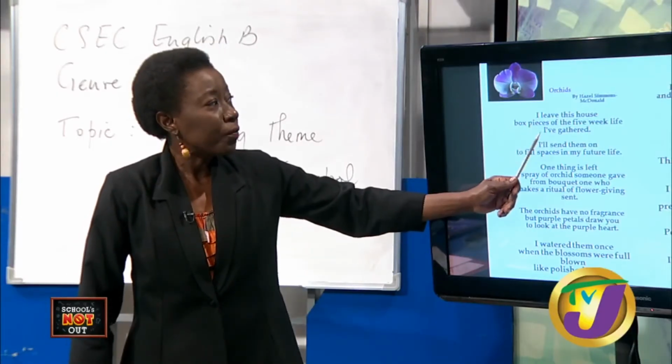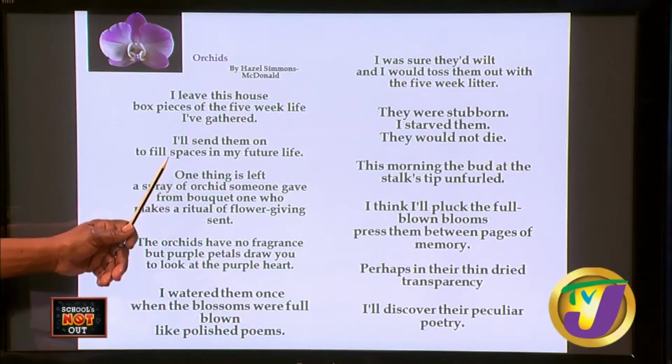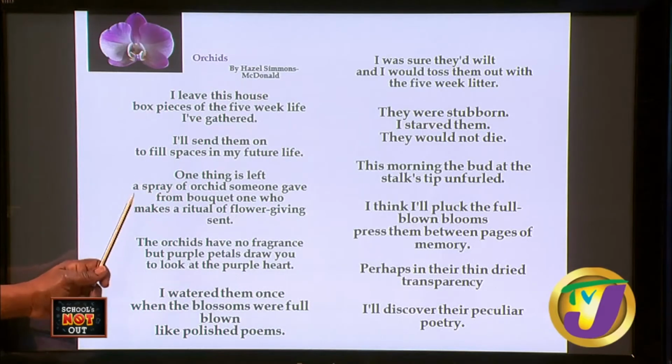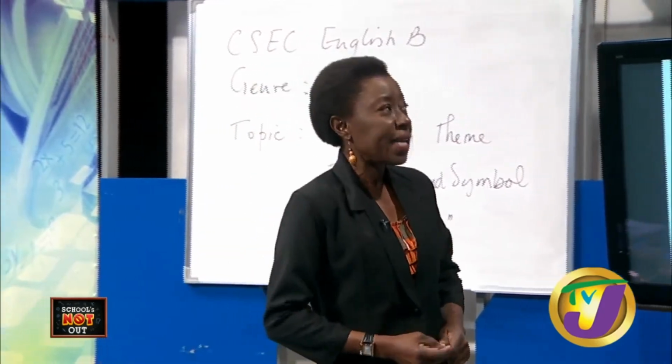And most of the time, by the time the person started talking about moving on, the person had reached the orchid. And most of the time, the person is engrossed in talking about the effect of neglect on the orchid and how the orchid has managed to survive. So the first idea is nature.